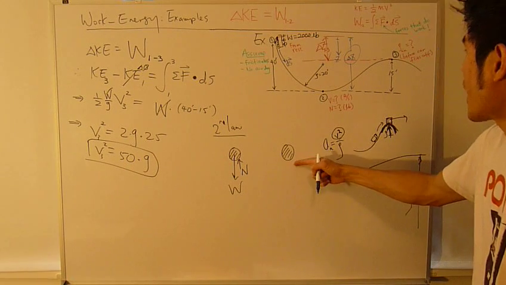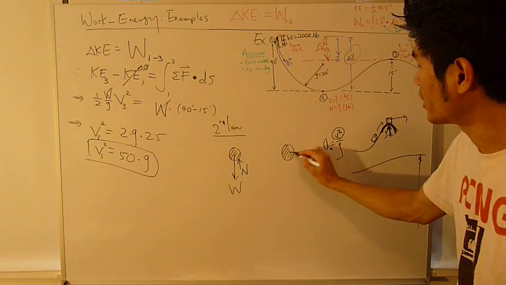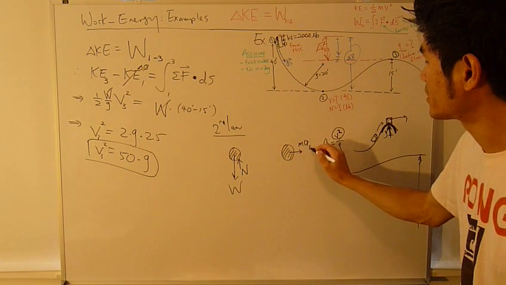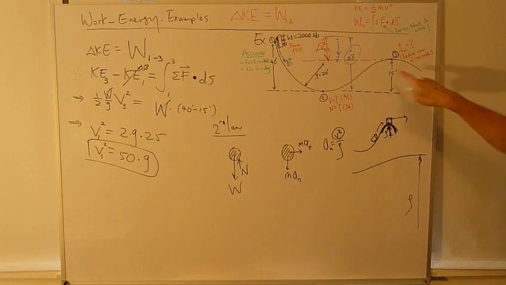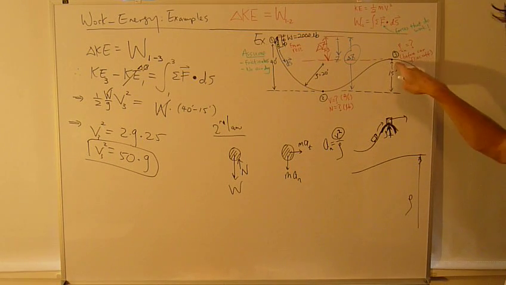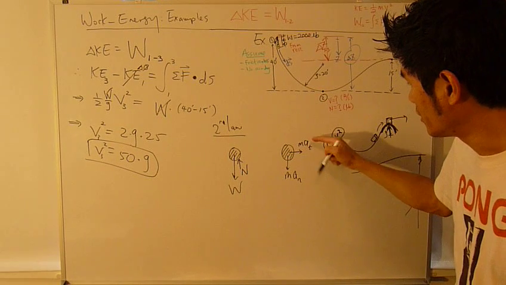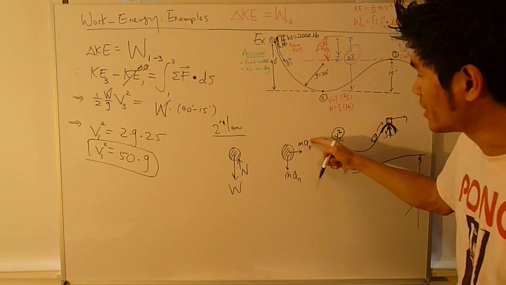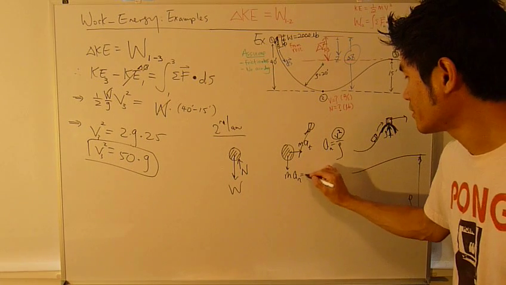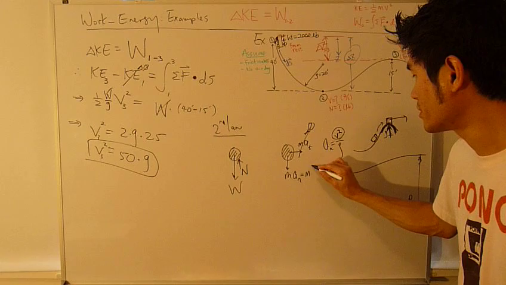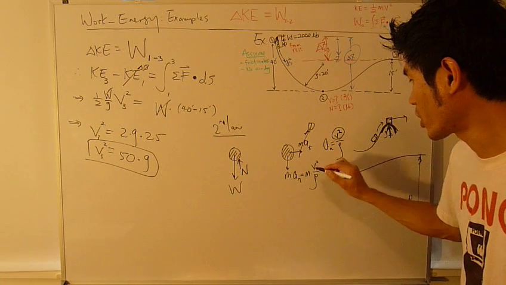The kinetic diagram is traveling on a curve, so you have m a tangent and m a normal. But since this is at the top of the curve, the dv/dt term is 0. So the only term to survive is a n, which is v3 squared over rho.